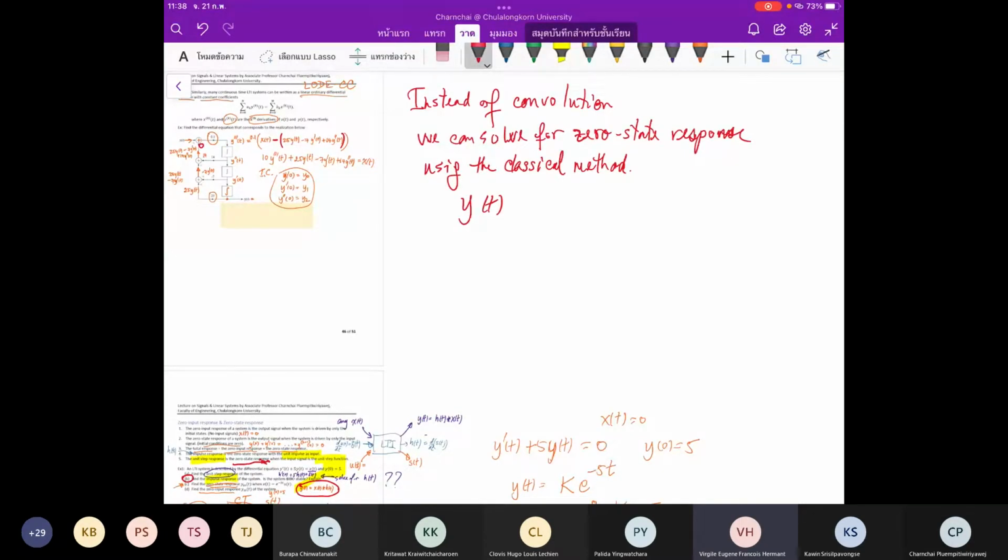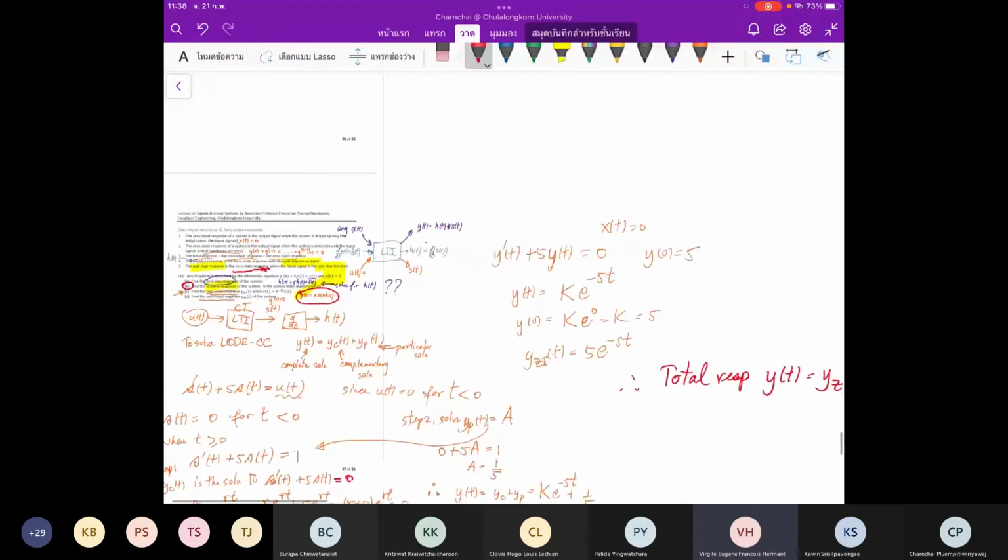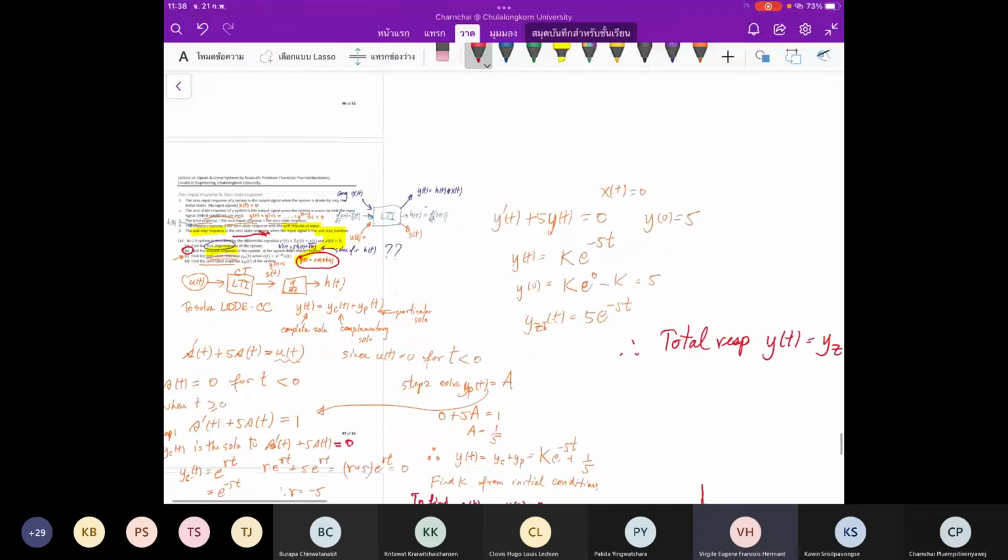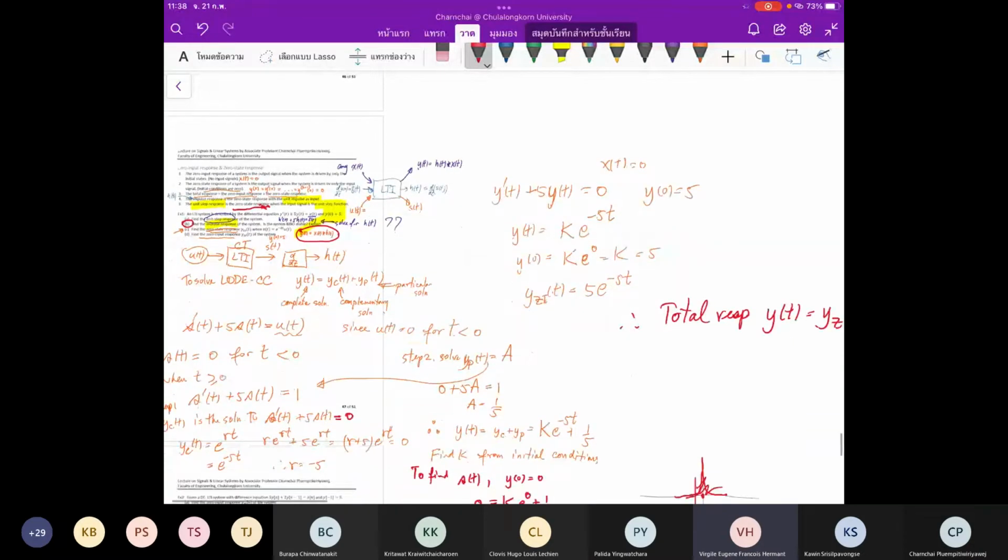Y(t). Hold on. What was the equation? y'(t) plus 5y(t) equal to x(t), right?